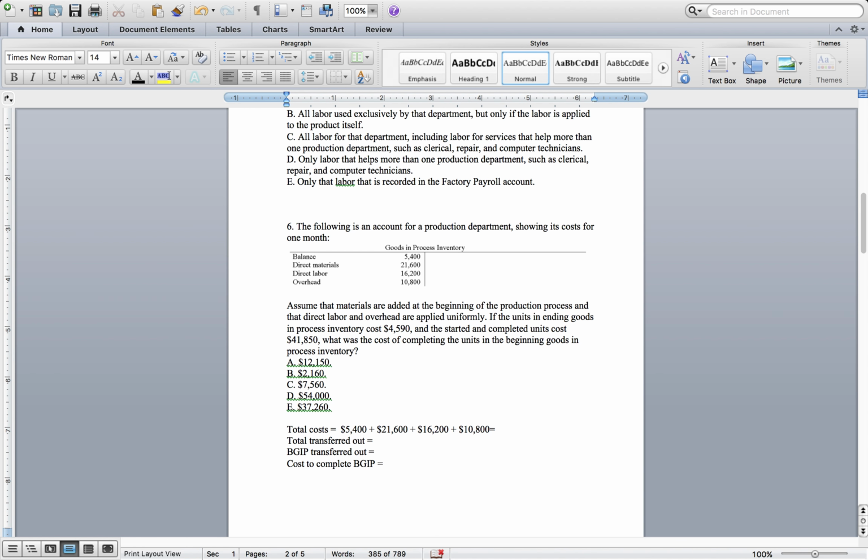Okay, and again, when you add all these up, that'll be $54,000. Then you want to add up how much is transferred out. Well, now we have the $54,000. So take the $54,000 and subtract the ending goods in process inventory, which was $4,590. That'll be $49,410.